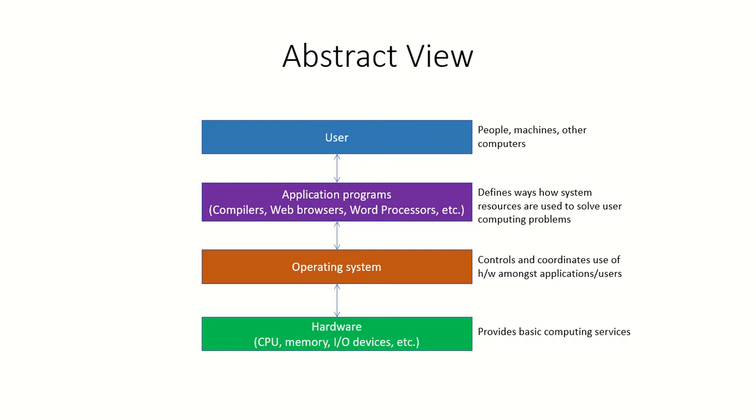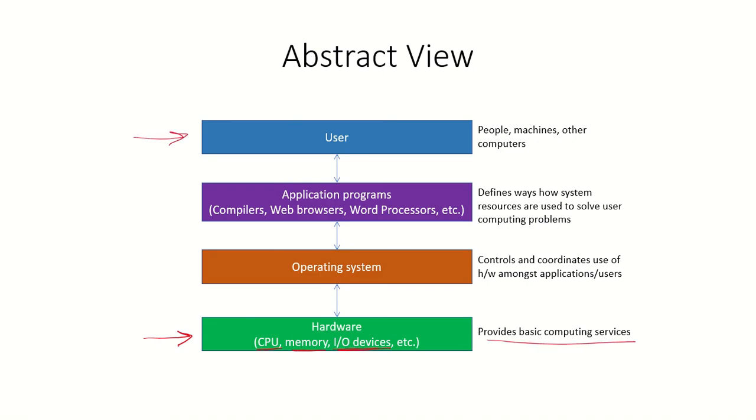If we take an abstract view, we can see that we have the hardware at the lowest level. This hardware comprises the processor, the memory and the input-output devices, which provide the basic computing services.